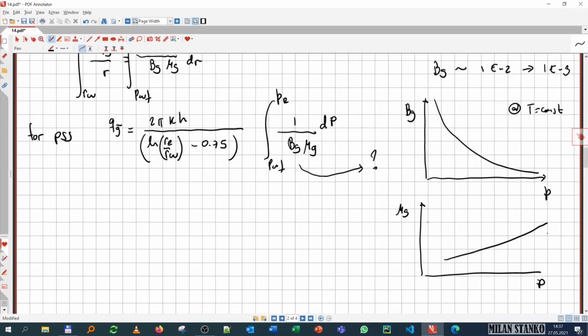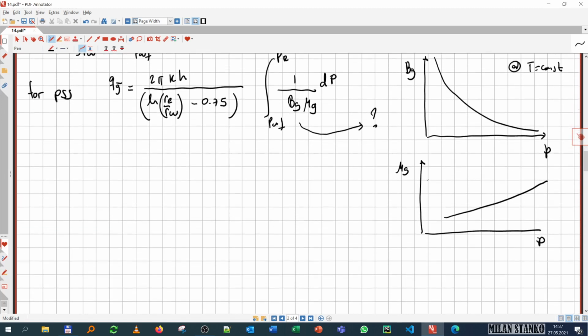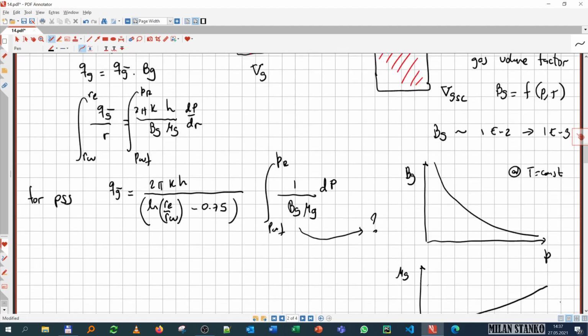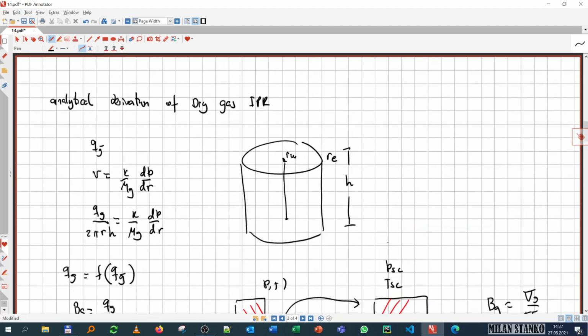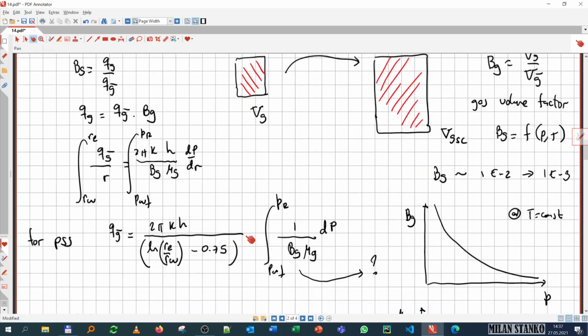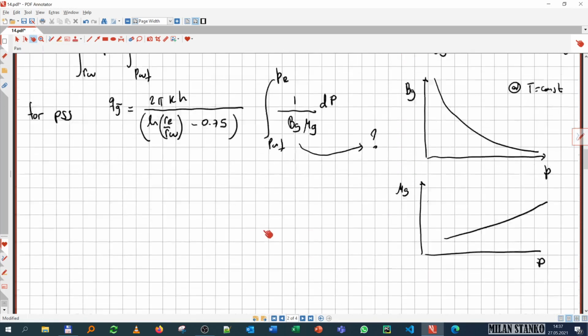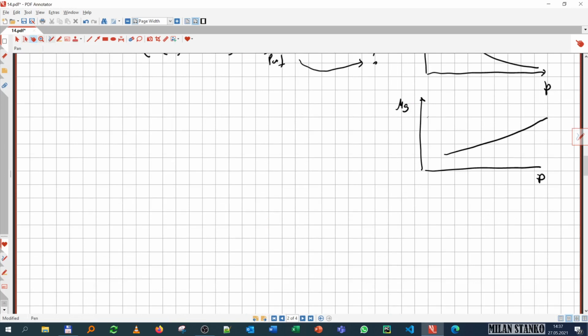Okay, so we can do that and integrate that, but let's say we want to find an expression for BG, because we're talking about dry gas and we already have some knowledge about how gas behaves. We want to calculate that BG a bit better, if I can take some things out of the equation. So let's say we have QG at standard conditions, and we are going to do mass conservation in terms of volume flow.